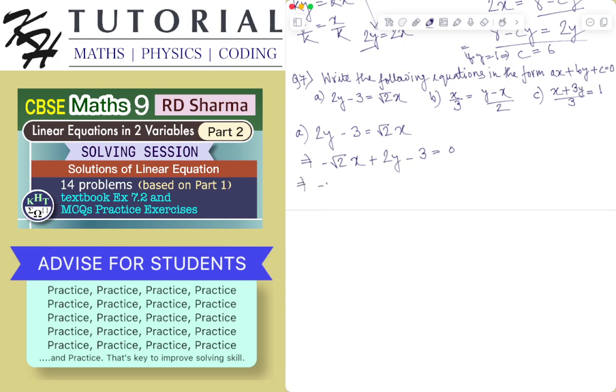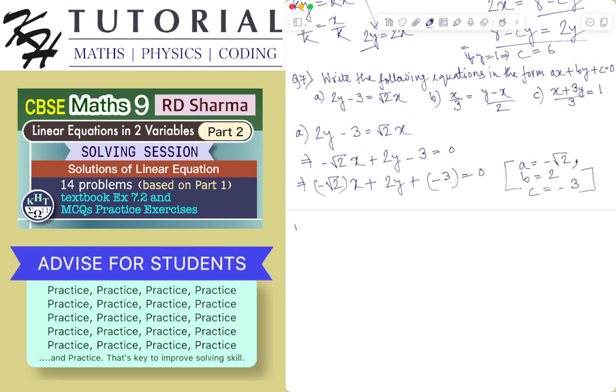This implies negative root 2 into x plus 2y plus negative 3 equals 0. So this is the standard form of the linear equation where a is minus root 2, b is 2, and c is minus 3.